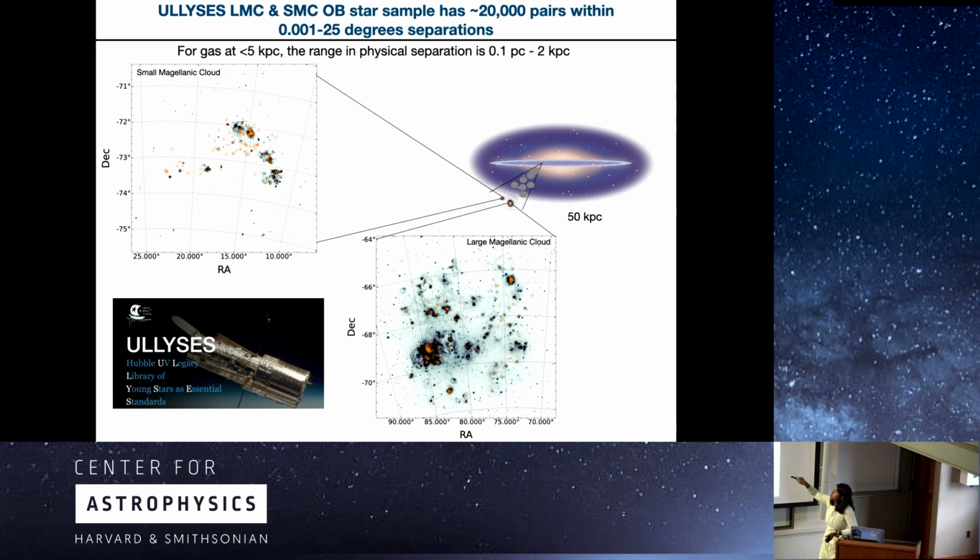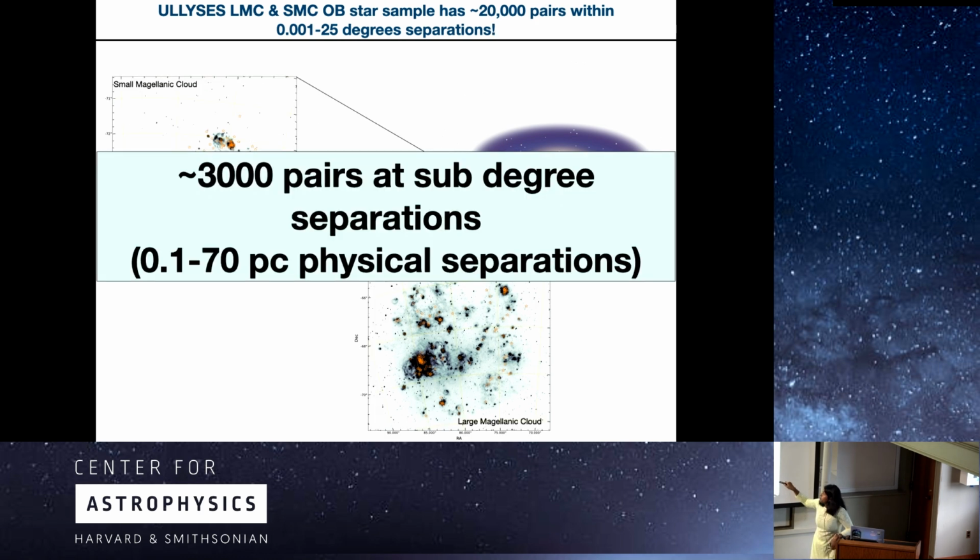Combining these two samples, we'll have 20,000 pairs probing the structures in the Milky Way disk halo interface gas foreground to the Magellanic Clouds on the size scale of a hundredth of a degree to 25 degrees. And the cherry on top is we have 3,000 pairs in the sub-degree scales, and that will give us physical size scales of 0.1 to a few tens of parsecs.